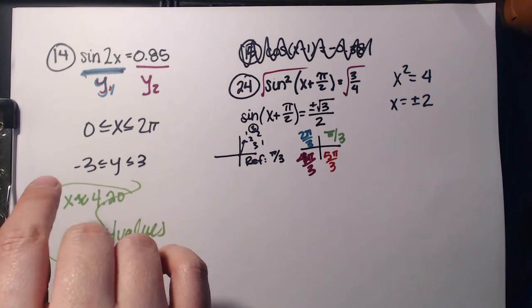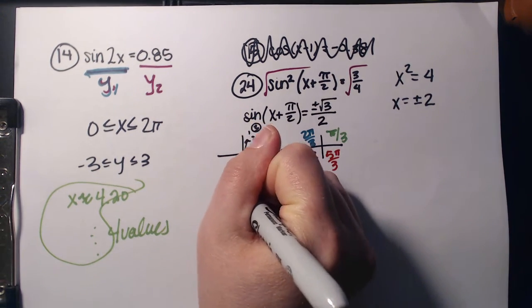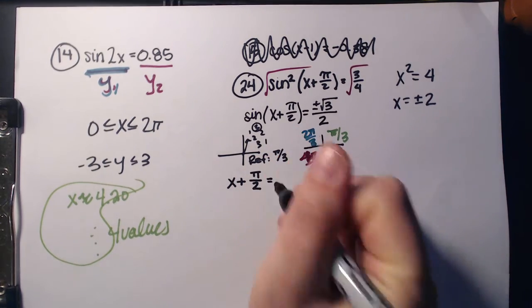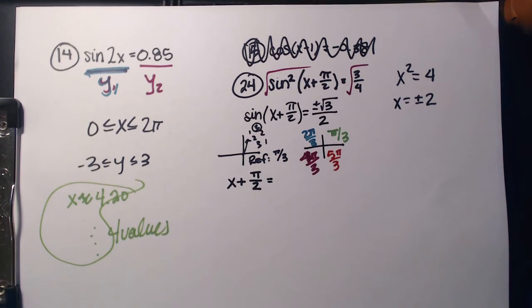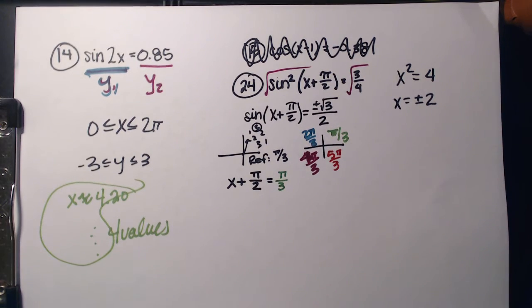So what I'm going to do is say x plus pi halves is equal to pi thirds, but it's also going to be equal to any coterminal angle to that.